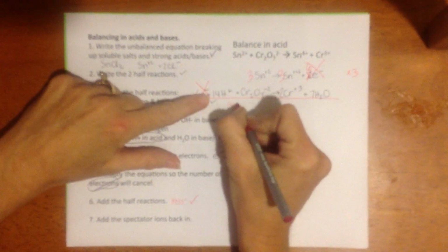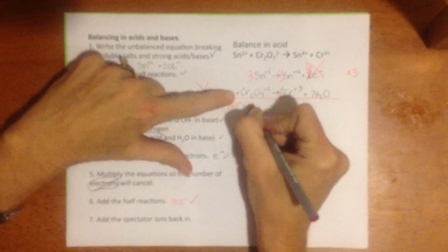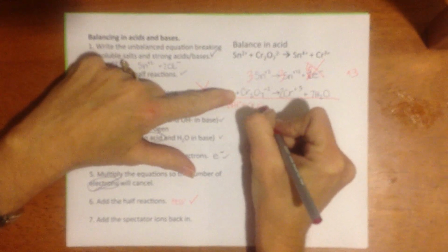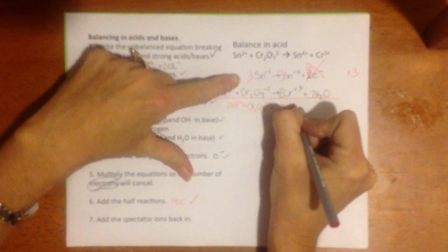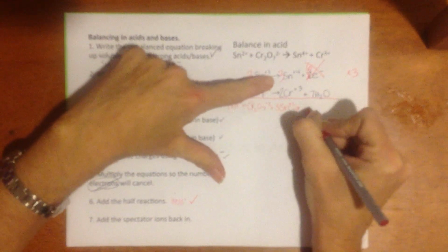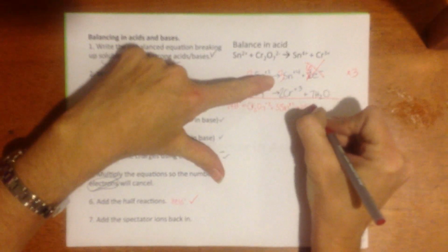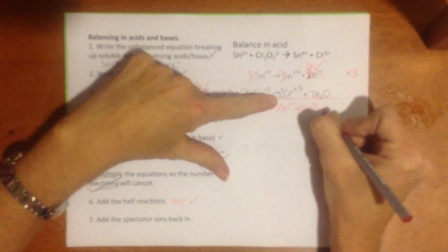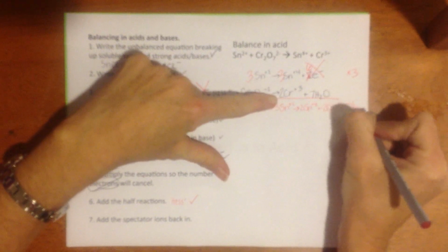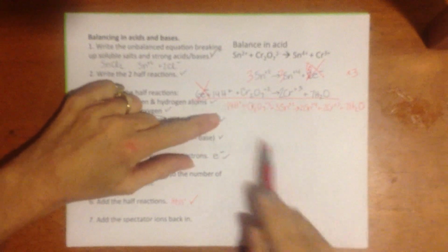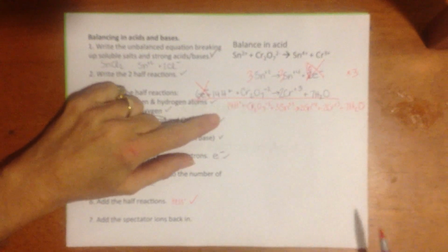I've got 14 H+ left over, a dichromate, 3 tin 2s, which yields 3 tin 4s, 2 chromium 3s, and 7 waters. Now, just like in algebra, you can check your answer.